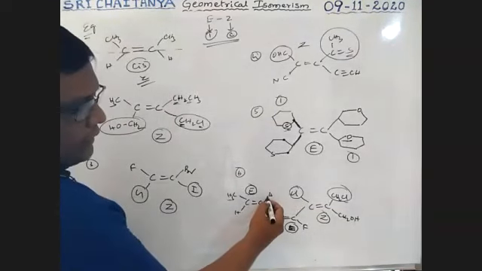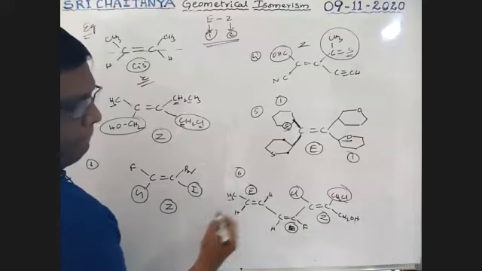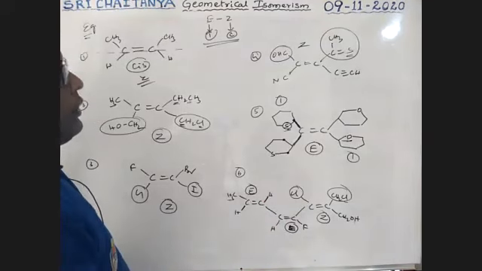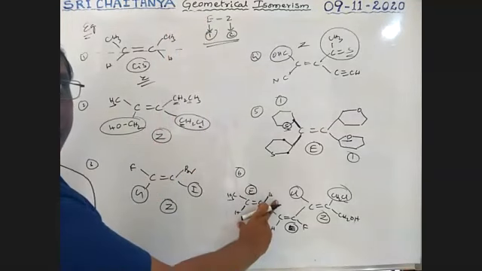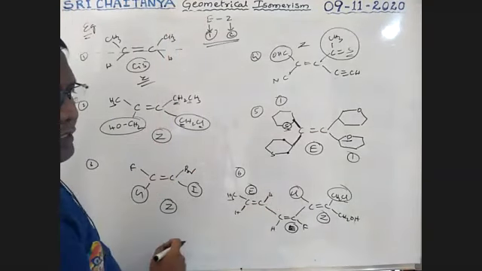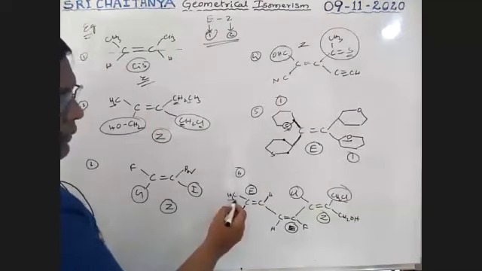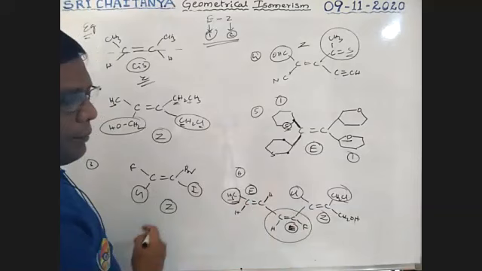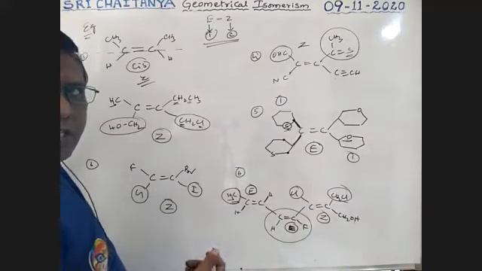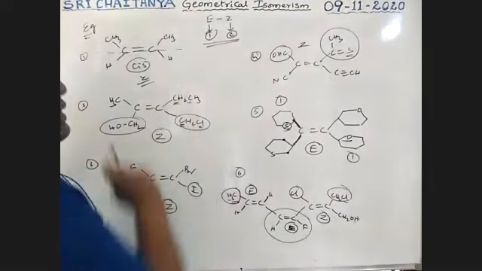See here. It is a trans. Trans means E format. Opposite sides. Okay. These are the bulky groups, and the bulky groups are on opposite sides. So therefore, trans condition.